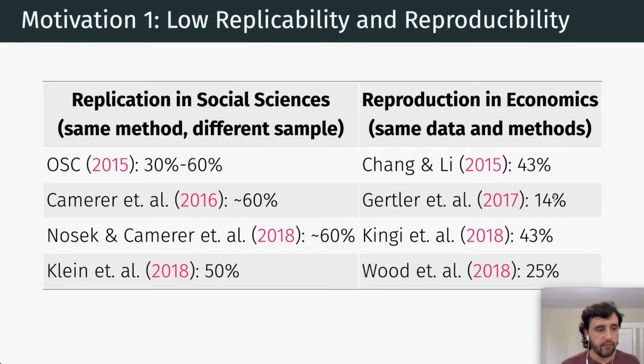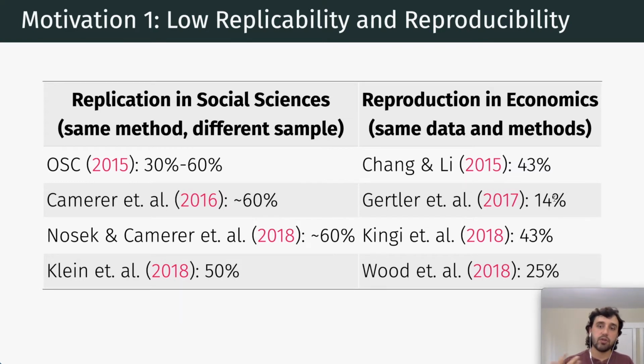In a TIER symposium, this might be a little bit redundant, but I think it's important just in case you have not been following this literature. There are some problems regarding replicability and reproducibility in the social sciences. By replicability, we understand using the same method over a comparable sample and obtaining qualitatively similar results.